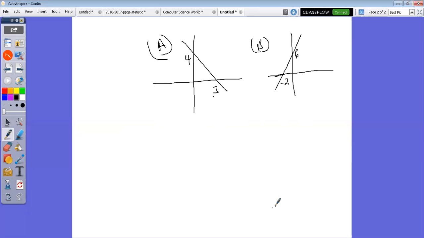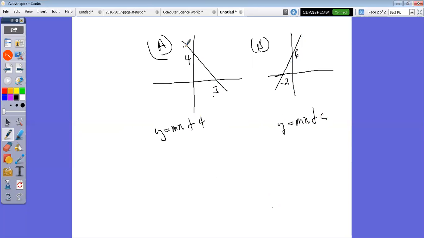Clear? Now, equation of the first line: we can tell that because it's cutting at 4, it's y is equal to mx plus what? Plus 4.